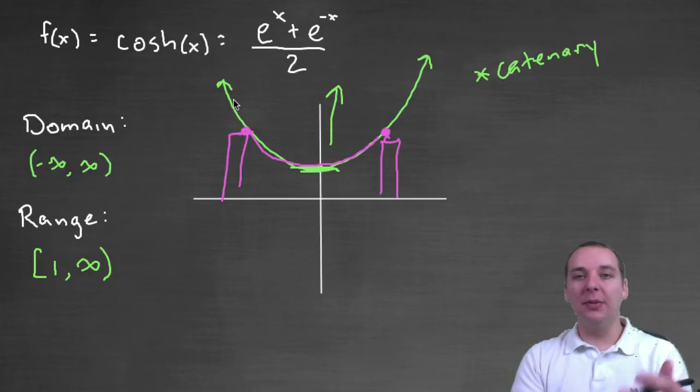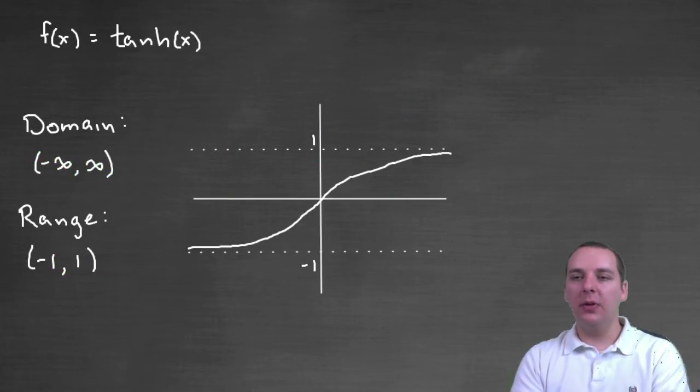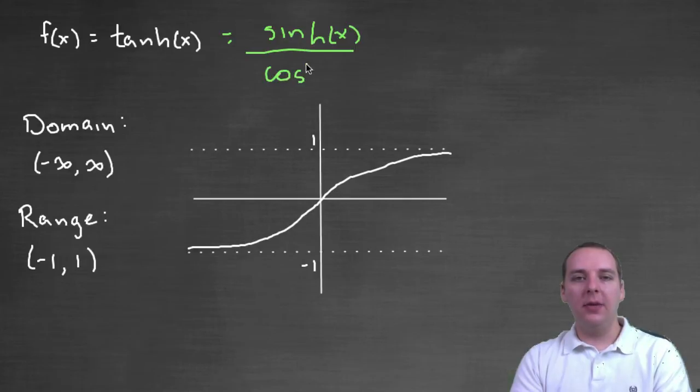I could continue with similar logic for all of these, but just to speed things along, I'm going to quickly go through the last 4. Here's hyperbolic tangent. If you went through the logic of it, you would see that his domain is all real numbers, because hyperbolic tangent is defined as hyperbolic sine divided by hyperbolic cosine.